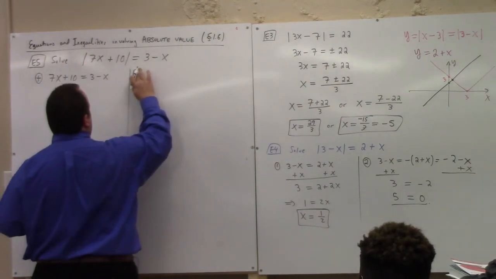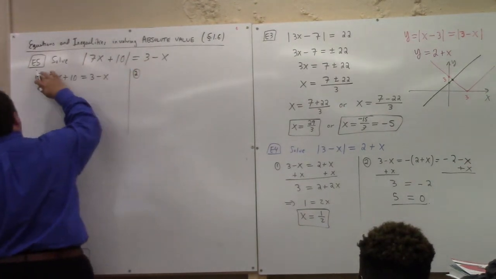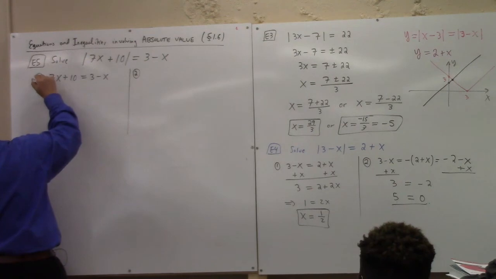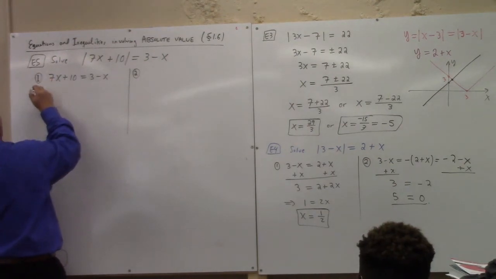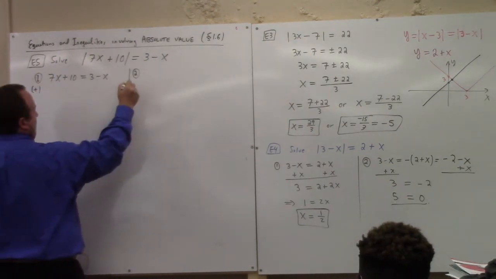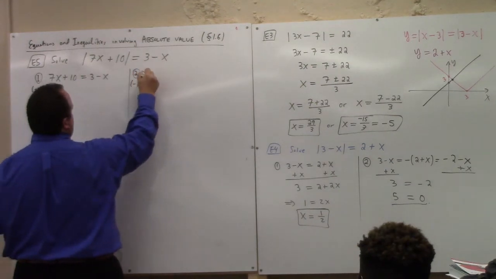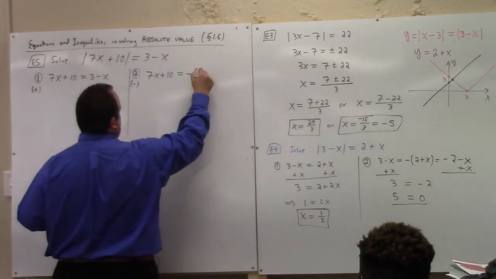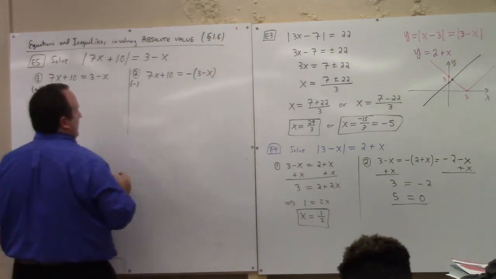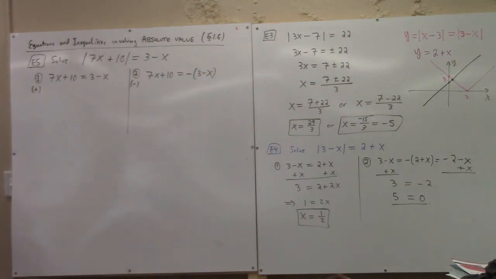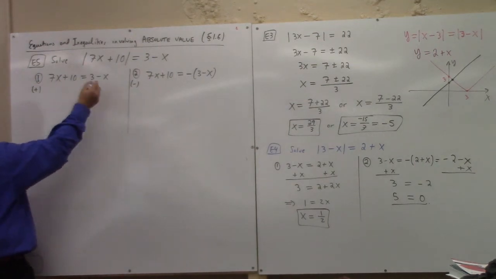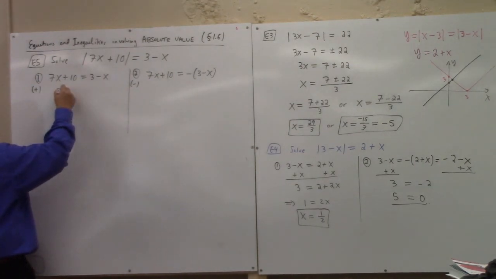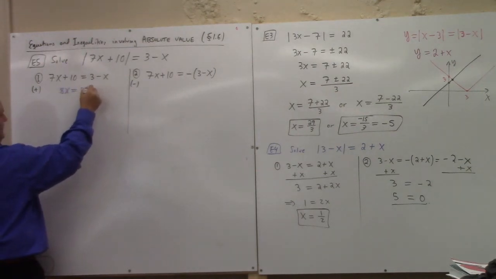So the plus, the minus. All right, so 7x plus 10 is equal to minus, parentheses, 3 minus x. So what we got? We have add x to both sides. We get 8x is equal to 3 minus 10.